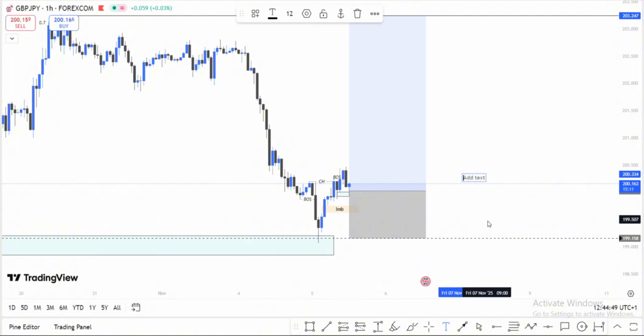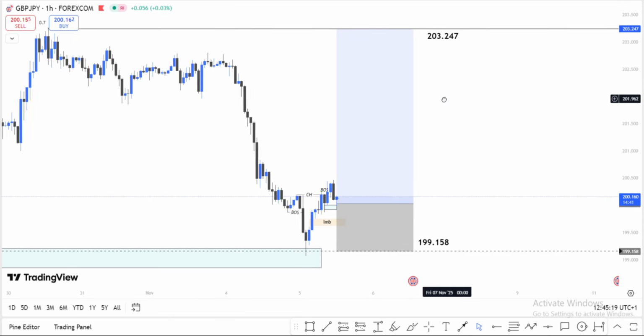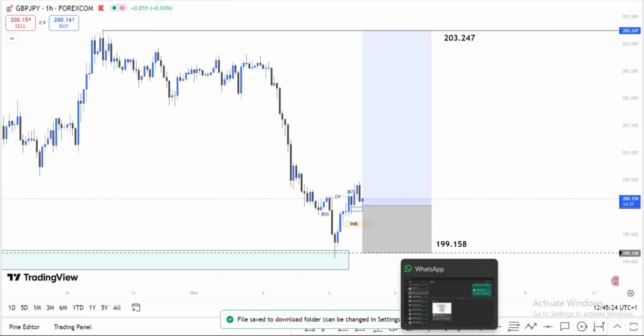For the person that asked about the SL and TP, this is the SL, then the TP is 203.247. So this is SL and this is TP. Let me quickly drop the screenshots in the group.